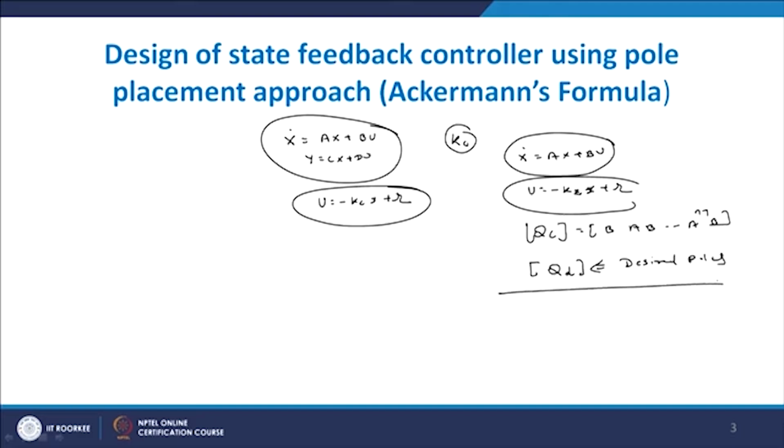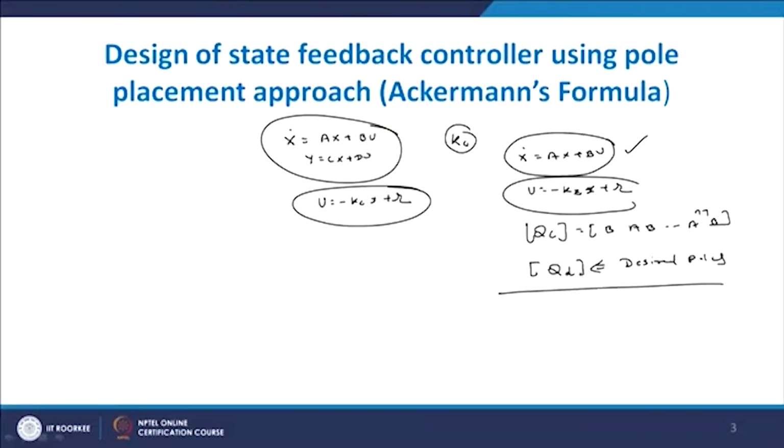That means the design of a controller in state space depends upon the state space model x dot equals Ax plus Bu. Second, it depends upon the control law u equals minus Kc x plus r.